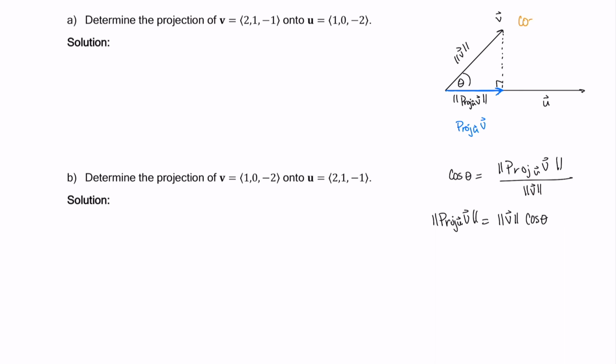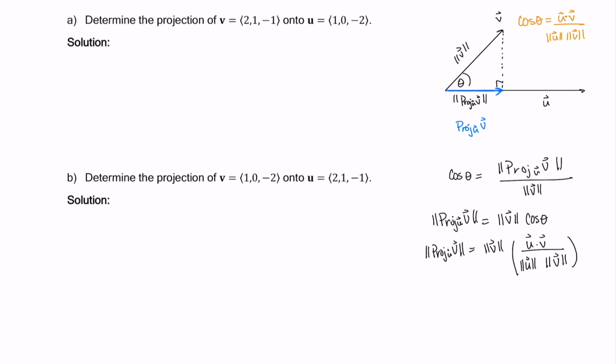Well, we also know that cosine of theta is equal to the dot product of these vectors divided by the product of the magnitude of each. Okay, so that tells me that the projection of v onto u is equal to the magnitude of v multiplied by u dot v divided by, again, the product of these magnitudes.